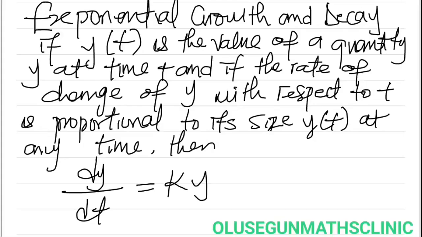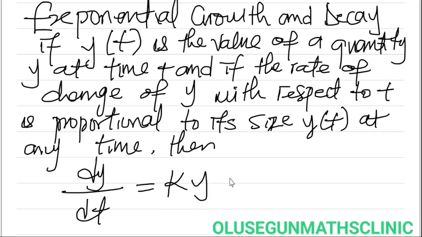Growth and decay. If y of t is the value of quantity y at time t, and if the rate of change of y with respect to t is proportional to its size y of t at any time, then dy/dt will give you ky.